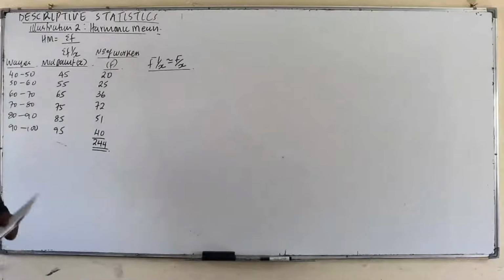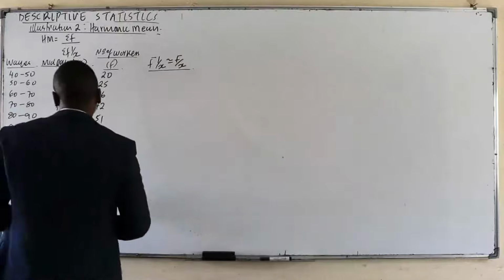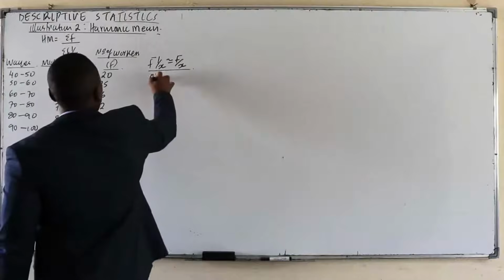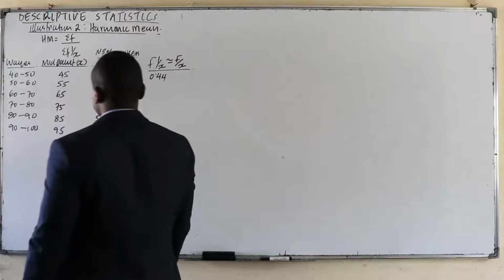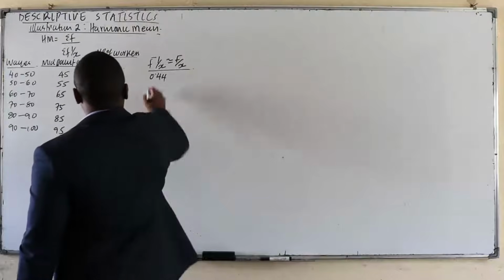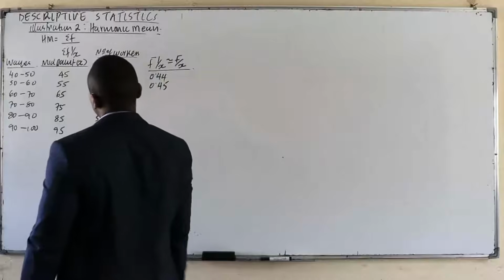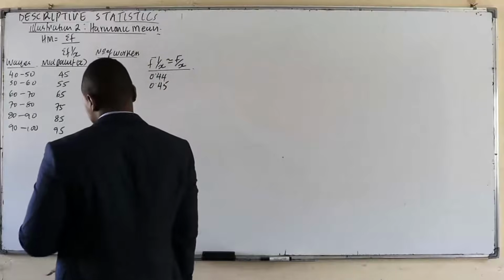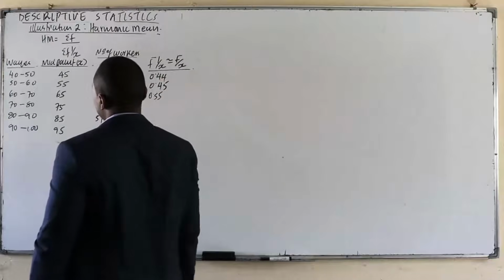So let's do that. f divided by x. We already have f and we have our x. So for example, the first one will be 20 divided by 45. What do you get? 0.44. Then 25 divided by 55, 0.45. Then 36 over 65, 0.55.